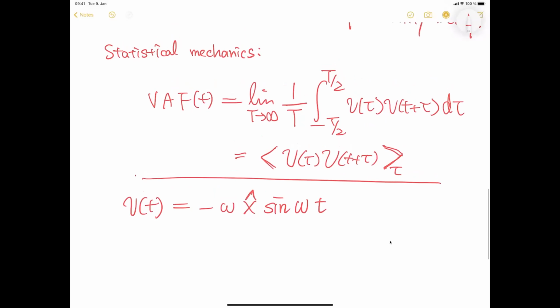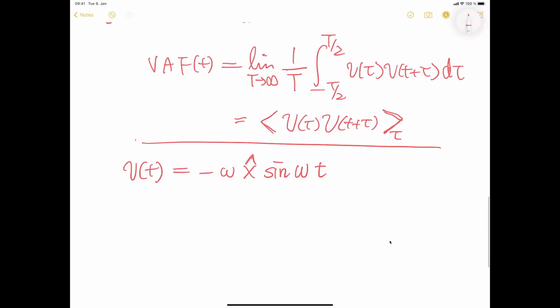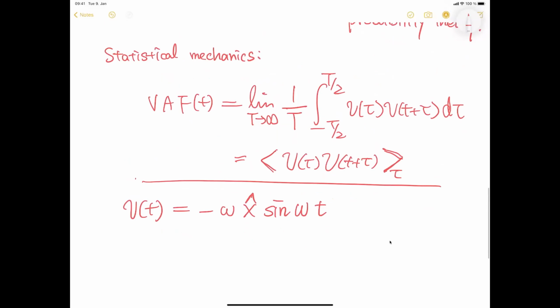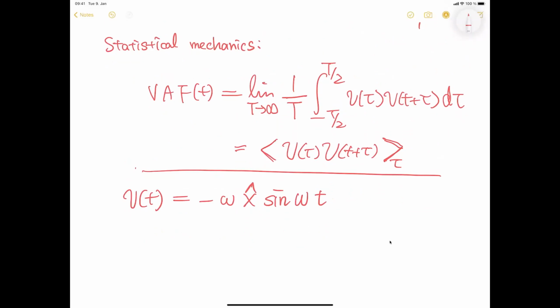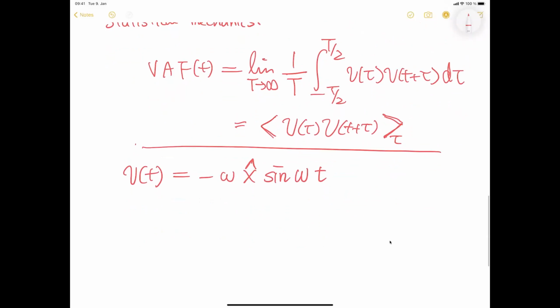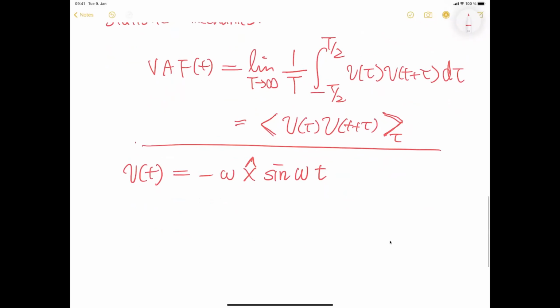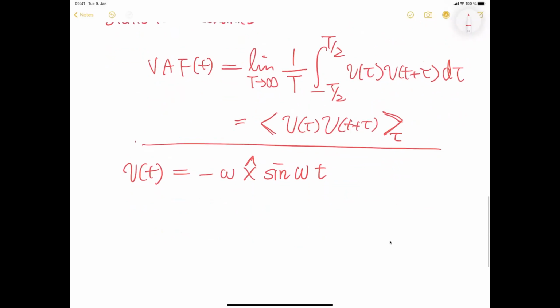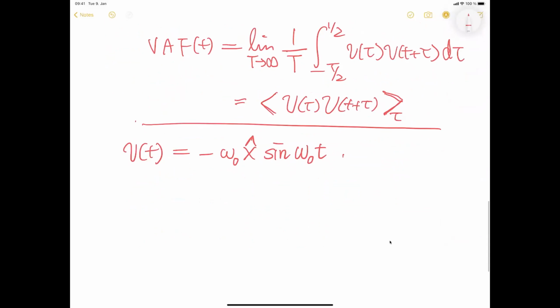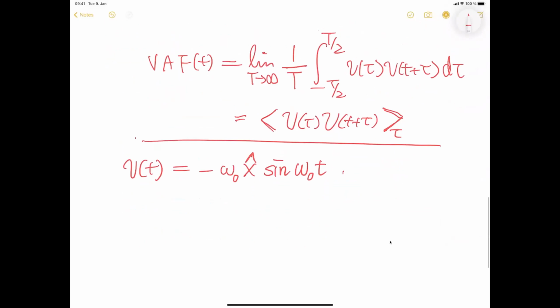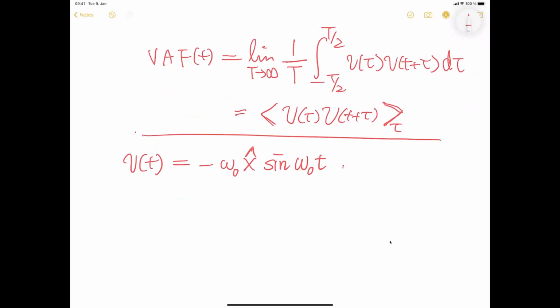Because we will apply the Fourier transform to these velocity autocorrelation functions, to avoid two identical parameters, we will distinguish the frequency here as omega 0, because we have another omega for the Fourier transform, but these two are different.